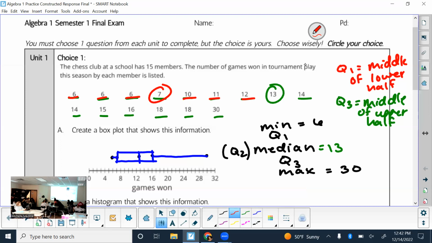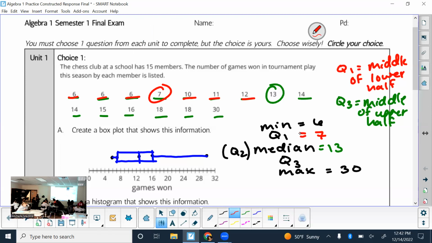If I had 2 numbers in the middle, then my median is technically in between them, and I would include them in my left, right for each side. But there's only 1 number, so 7 is my Q1.